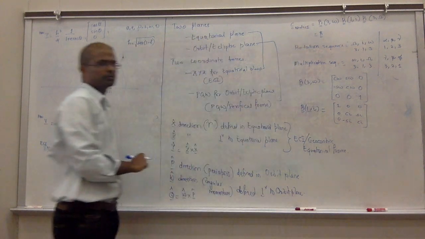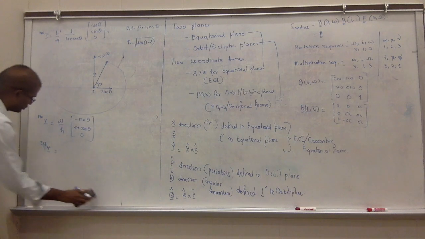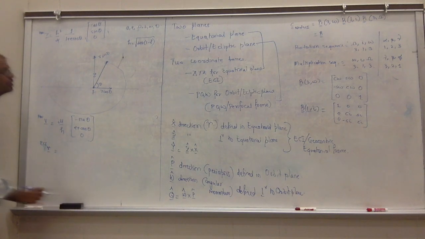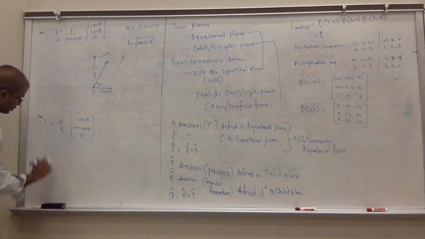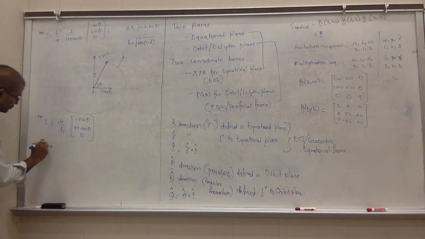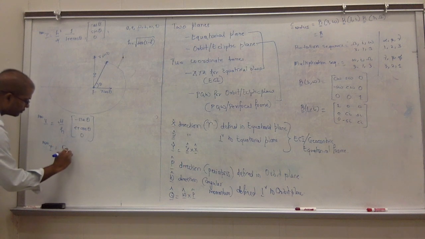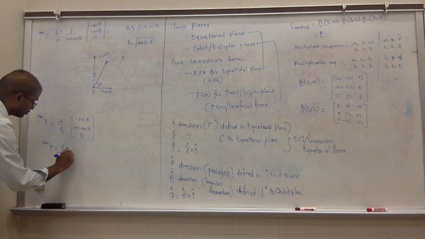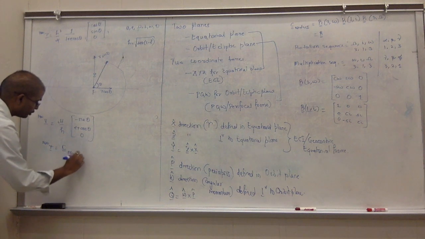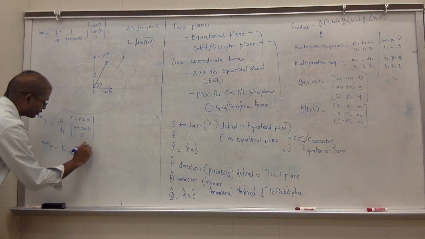So you do this: R PQW is equal to C PQW ECI into R ECI.